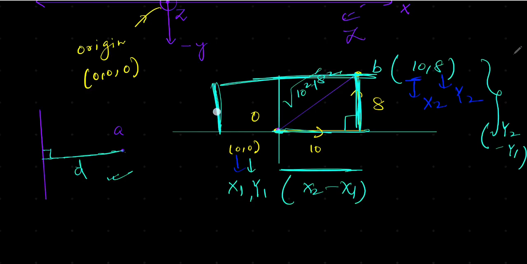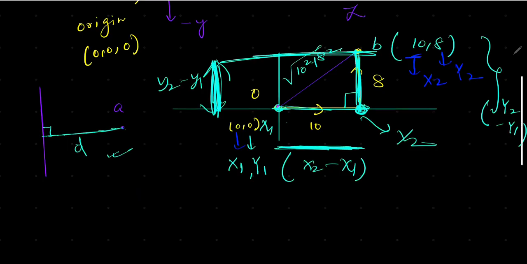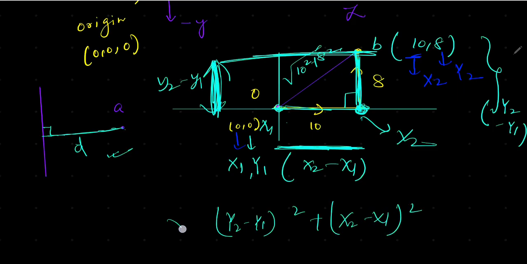And this is x2 and this is x1, so this particular thing is x2 minus x1. So with the help of the Pythagoras theorem, you will get y2 minus y1 whole square plus x2 minus x1 whole square, and then take the root to get this distance.